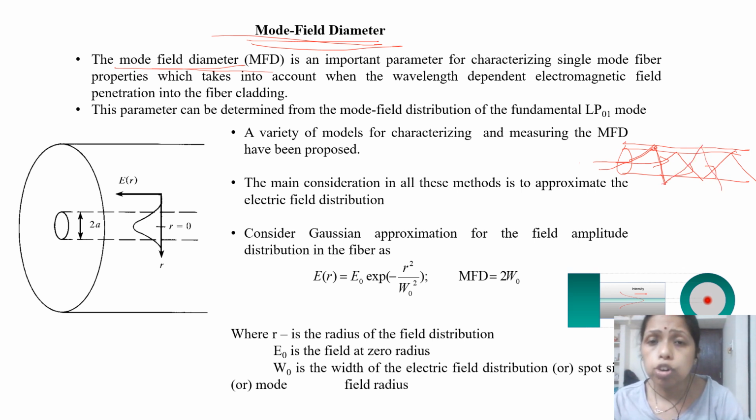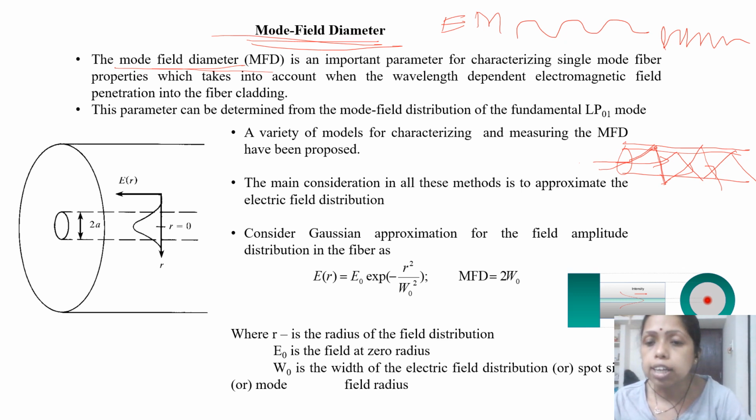Well, we know that light is an electromagnetic wave. It can be a high frequency signal or a low frequency signal, depending on the frequency or wavelength of the signal.